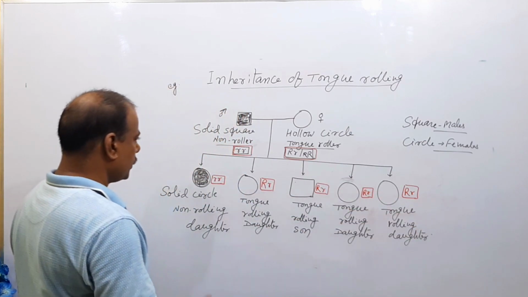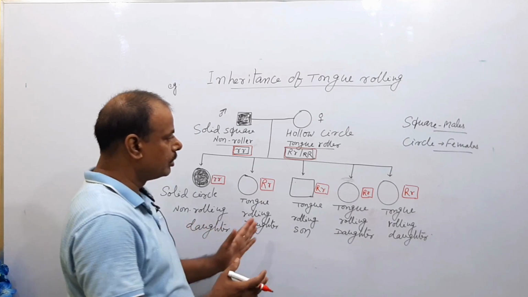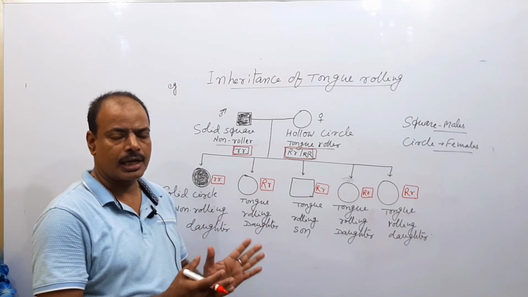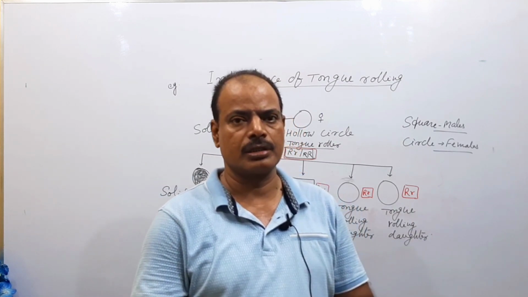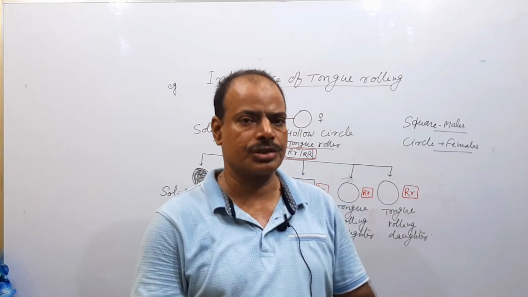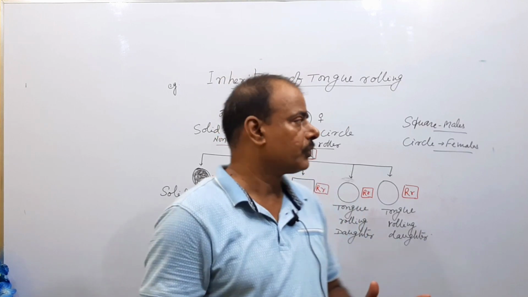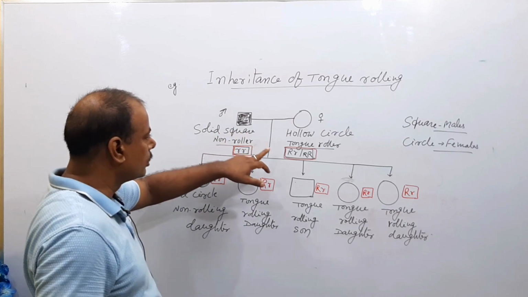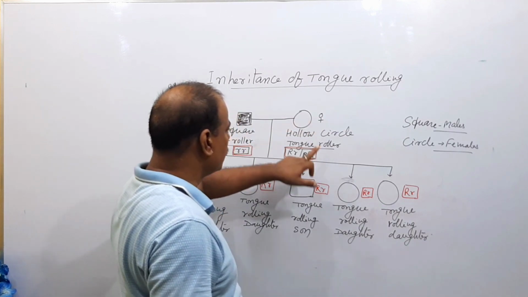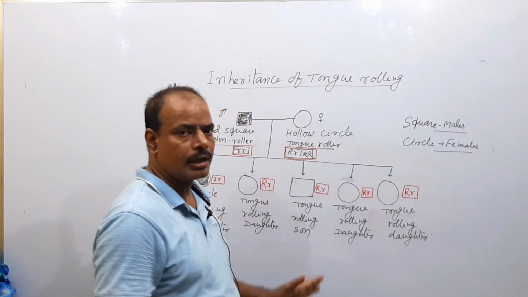In this way, tongue rolling and non-rolling characters can appear in the offsprings in the next generation, when a non-rolling father and a tongue rolling mother are crossed.